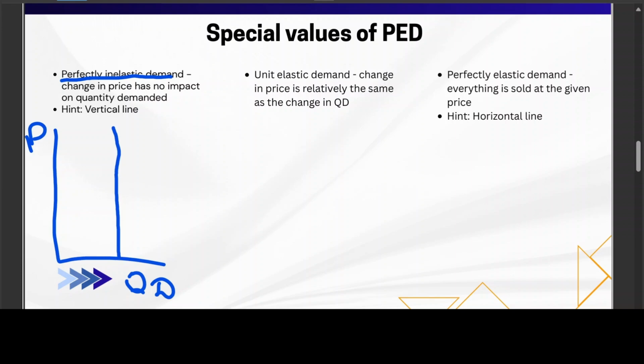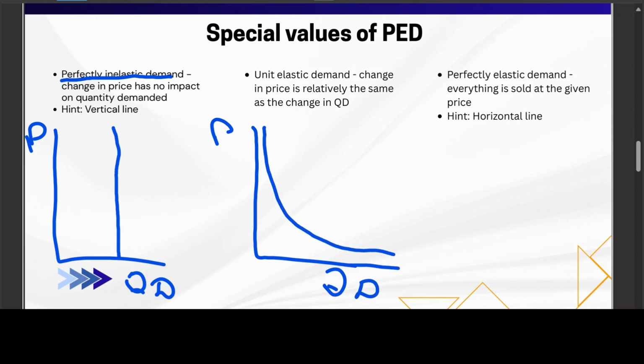This means change in price is relatively the same as the change in quantity demanded. So that means it is not any kind of line. It means it is a curve. I can show it here. This is price and quantity demanded. It looks something like this. It never crosses the axes, and it always changes in the same proportion as the quantity demanded.